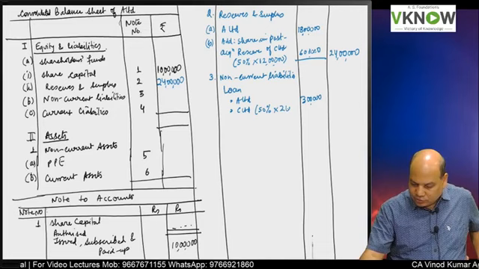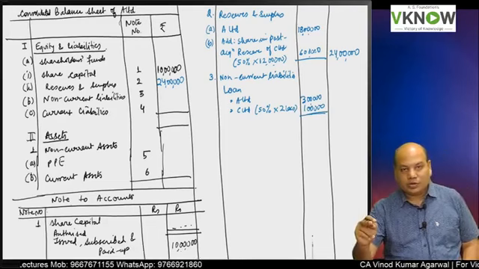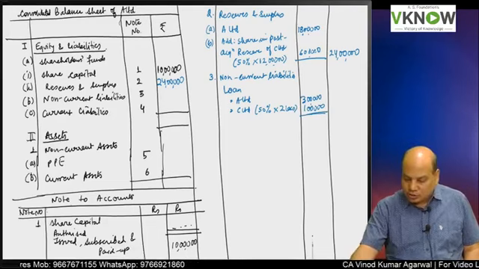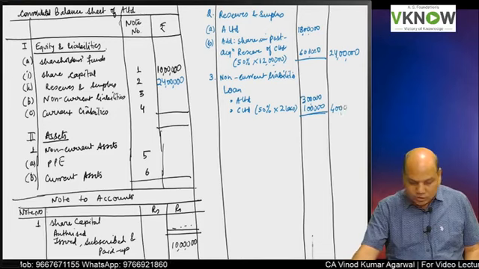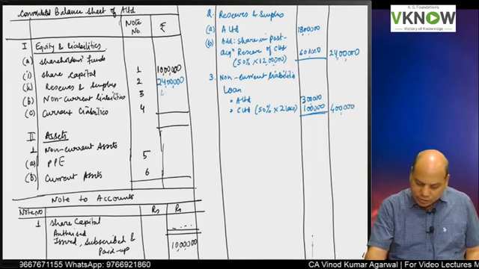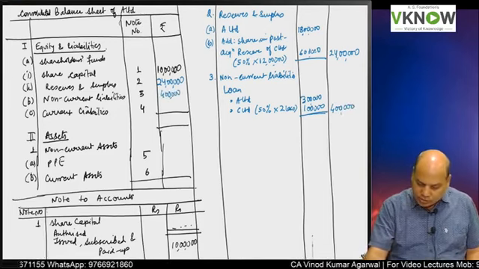See, the calculation is not given in the institute material. The student can get confused. In AS27 you have to do proportionate consolidation. So this comes to 4 lakh. Transfer 4 lakh to the main page.